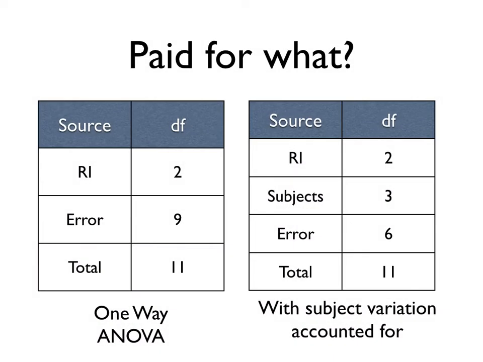So if we did this experiment, on the left here we have the standard one-way analysis of variance. We actually could analyze it this way. We would be violating the independence assumption, but we still could analyze it this way. The numbers don't know that. Retention interval has 2 degrees of freedom. Error has 9 degrees of freedom.